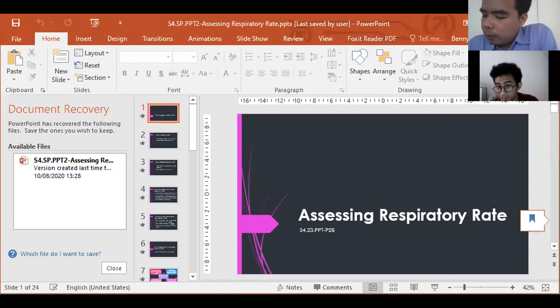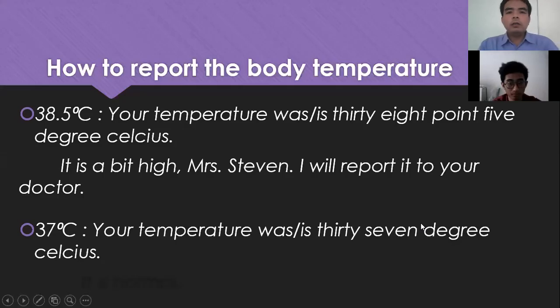Let me see. Oh, I see. So what you are seeing is the first page of the PowerPoint that will be used in the meeting. Okay, let me repeat. So it should be this one. Okay, here you go. Can you see it?